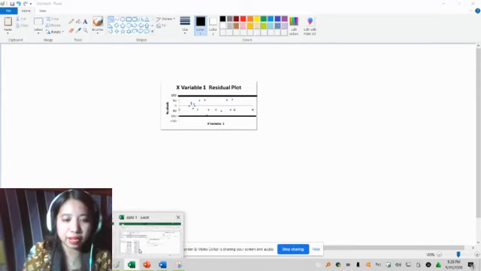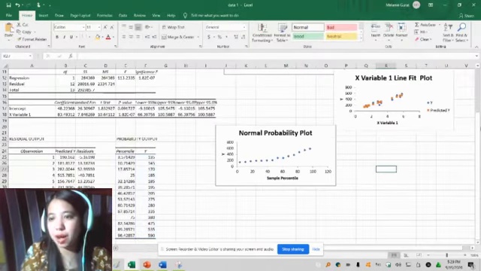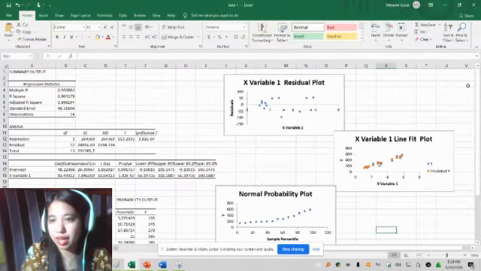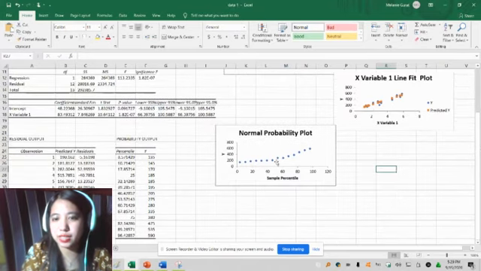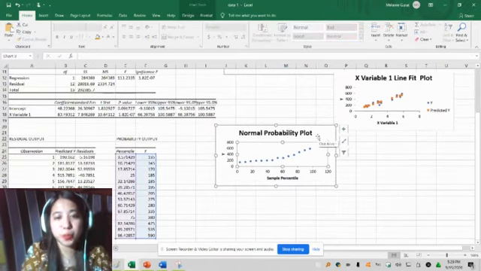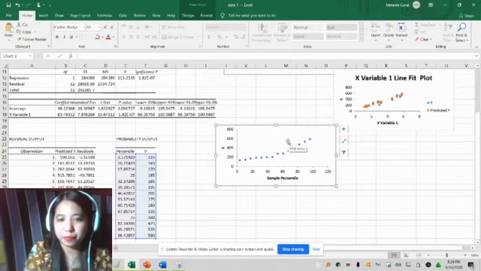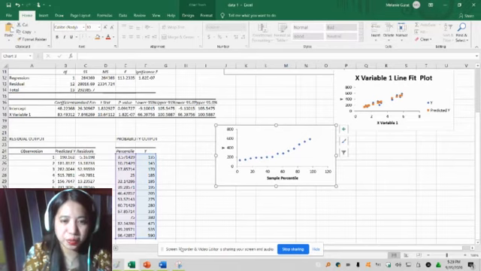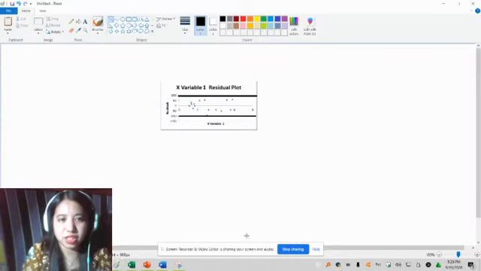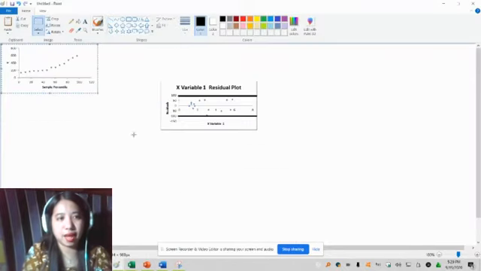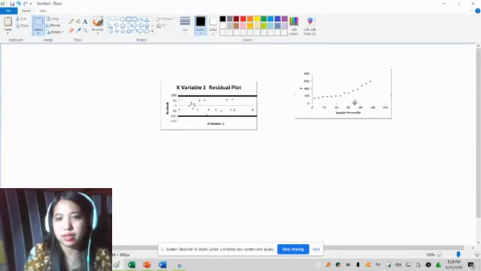While if I used another graph, for example, just to show you, let's consider this. Assuming that this is the residual plot, look at this.